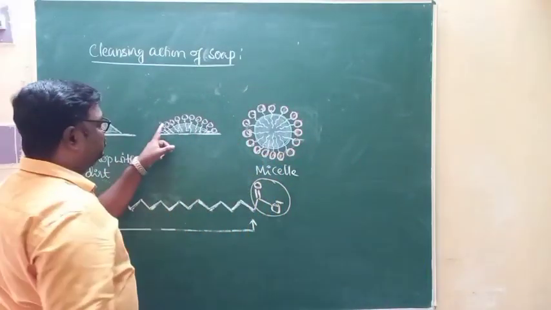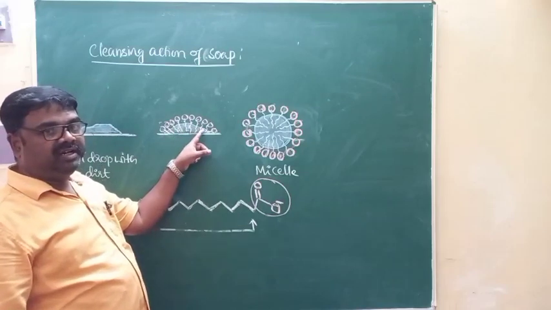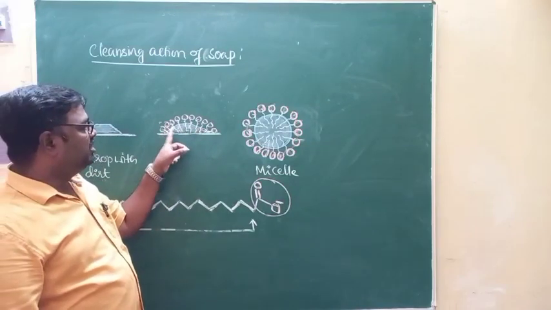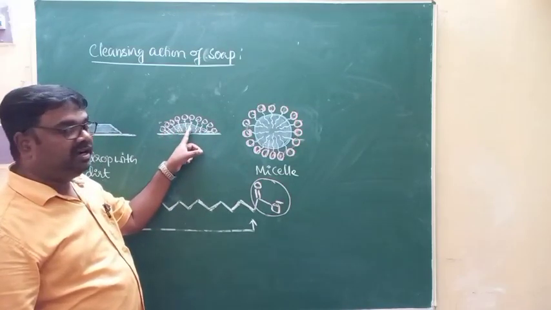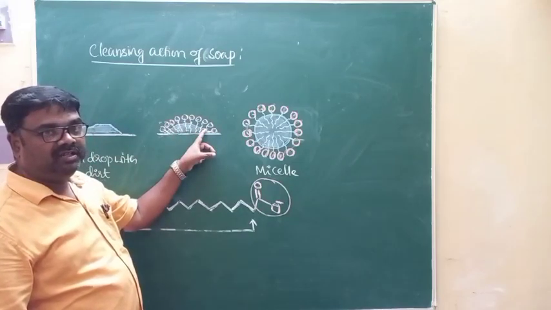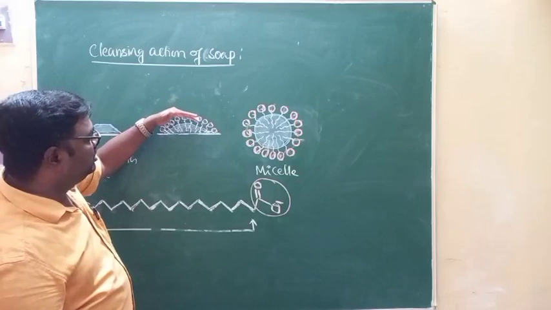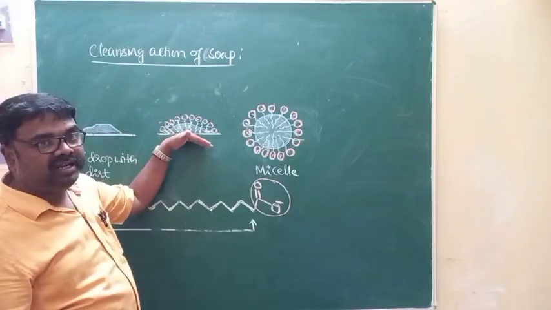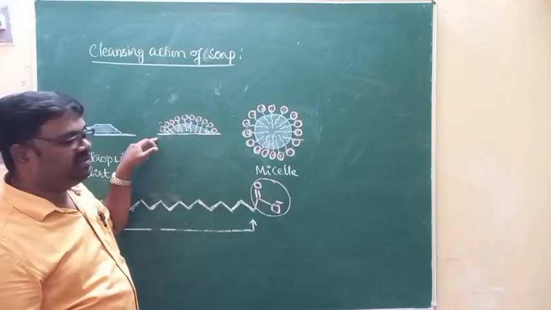the soap molecules will be attached to the surface of the oil droplet containing dirt with their non-polar tails in the oil droplet, and polar heads on the surface of the oil droplet. So this is how soap molecules will surround the oil droplet containing dirt on the surface of cloth.